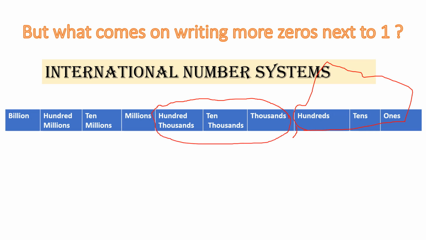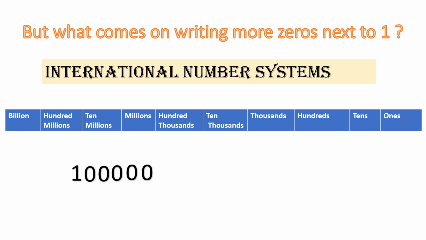So the next group is the group of thousands. All the 3,000s will be there. The next group, again we have three friends. This group is the millions group, and here we will have millions, 10 millions and 100 millions. The next group starts from billion, and we can have 10 billion, 100 billion and so on.